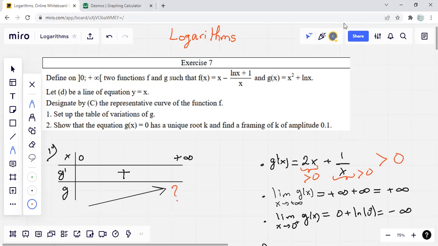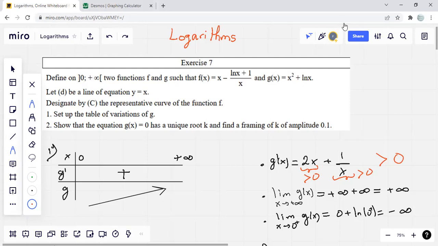I still have to put a value here and a value here. They are the limits. We can also easily calculate the limits. As x goes to plus infinity, x squared goes to plus infinity, and the same happens with ln x. They both go to plus infinity.